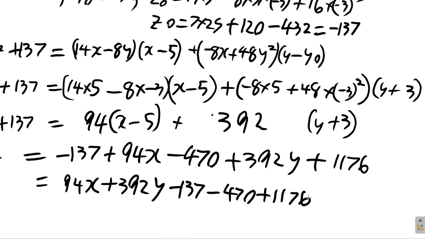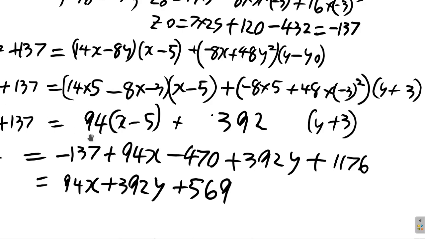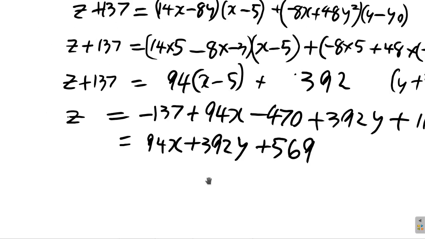Negative 137 minus 470 plus 1176 is 569. So this should be 569, plus 569. Right. So that's the equation of the tangent plane. Good.